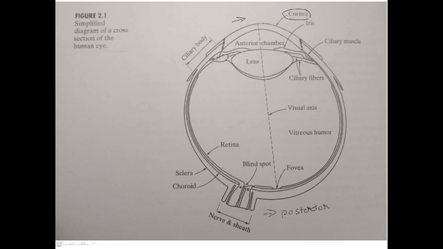The same choroid, when it extends into the anterior portion, forms the ciliary body and the iris.